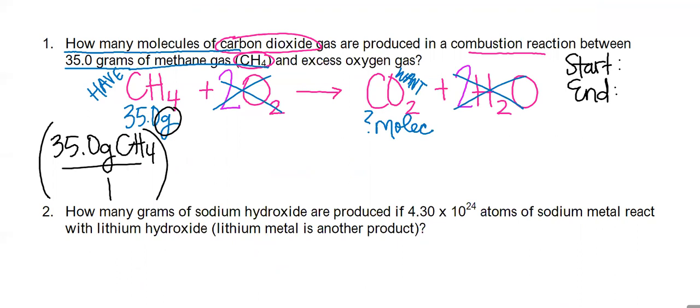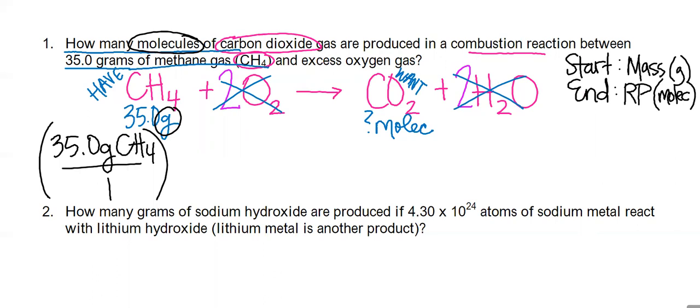So that would be mass because we are starting with grams. And then the end is where we're traveling to, which circle, so that we solve correctly. And the question is asking us to solve for molecules. So that means we are going to the RP circle so that we get our molecules.